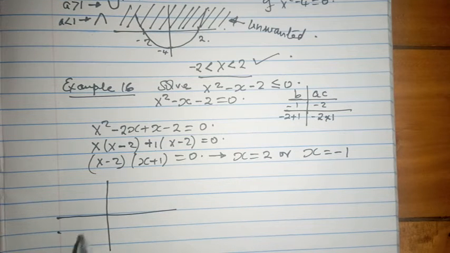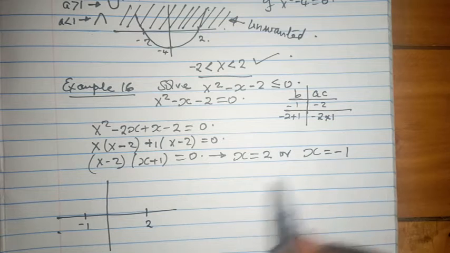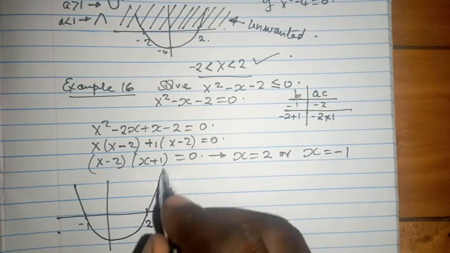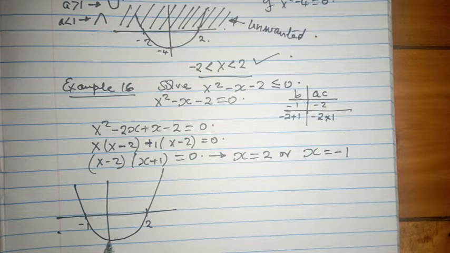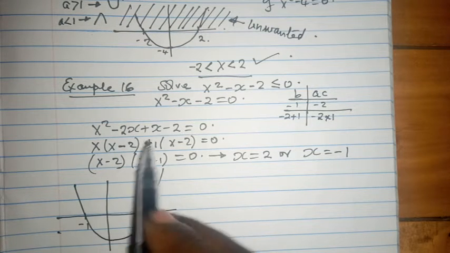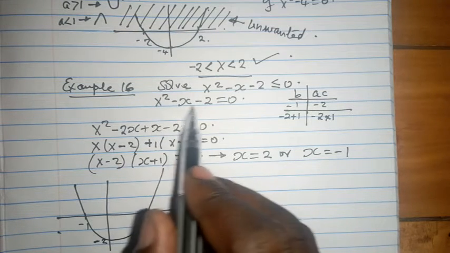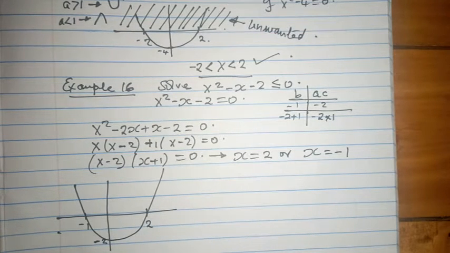The critical values are negative 1 and positive 2 as indicated here. Again, when x is 0, what is y? When x is 0, y is simply minus 2, because 0 minus 0 minus 2 is actually minus 2.